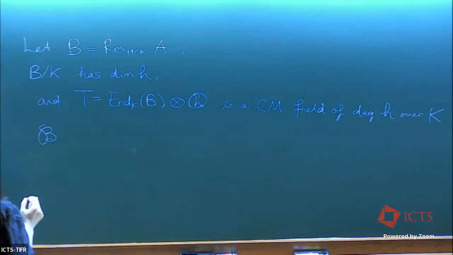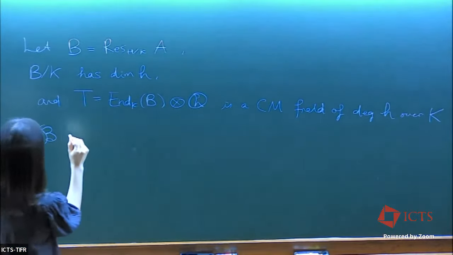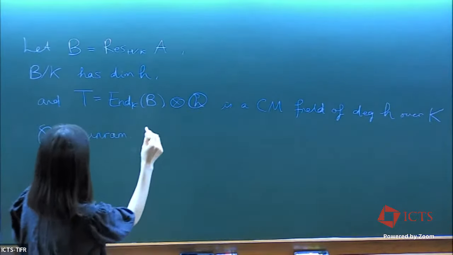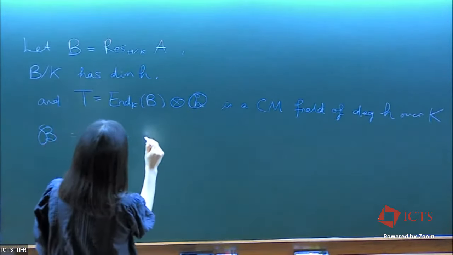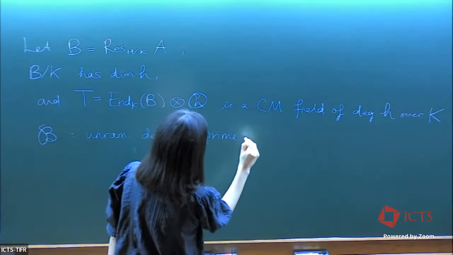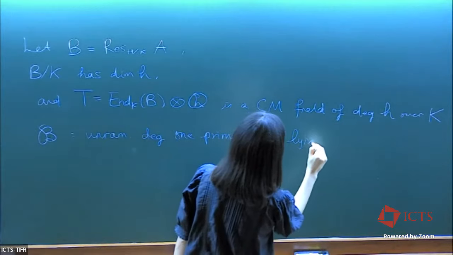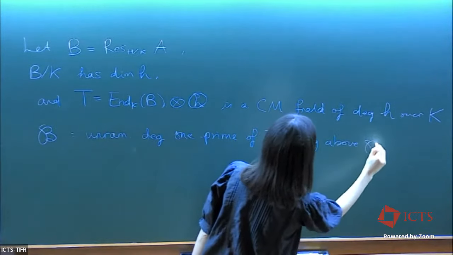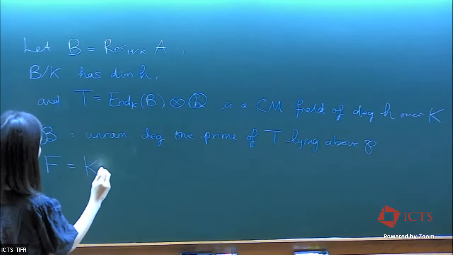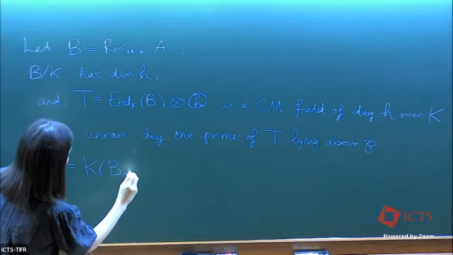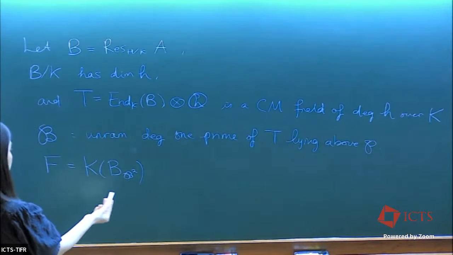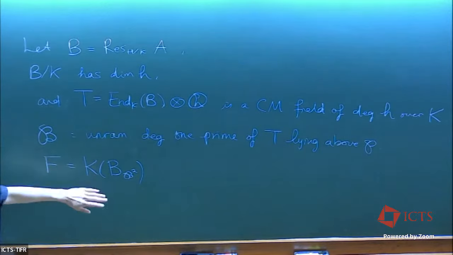Let's call it frak capital P. This is an unramified degree 1 prime of T lying above frak P. And let F be the field you get by adjoining to K the frak capital P squared torsion points of B. Then you can show that B has good reduction everywhere over this field F.